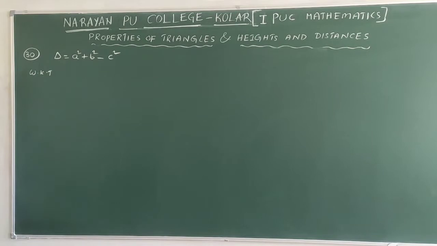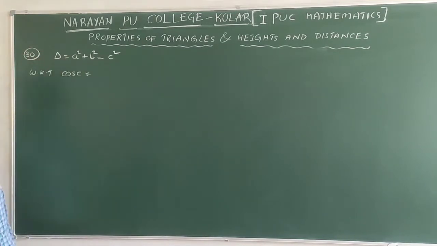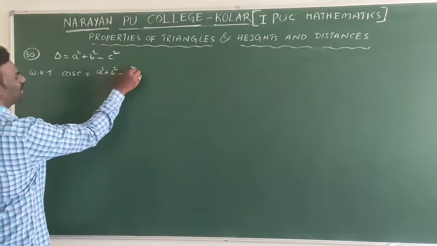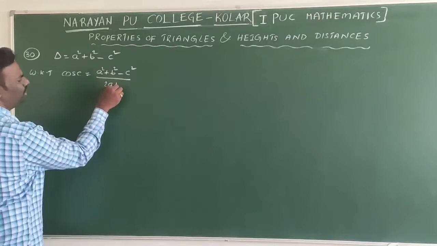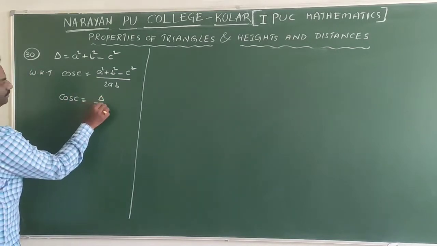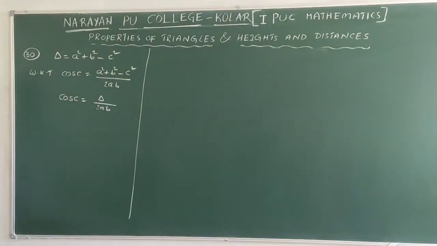First I am finding cos C. Cosine formula: a square plus b square minus c square by 2ab. Now cos C is equal to delta by 2ab. But we know the formula for delta.